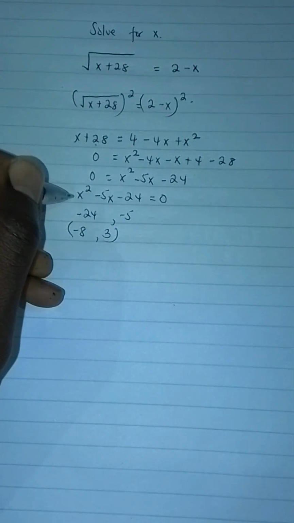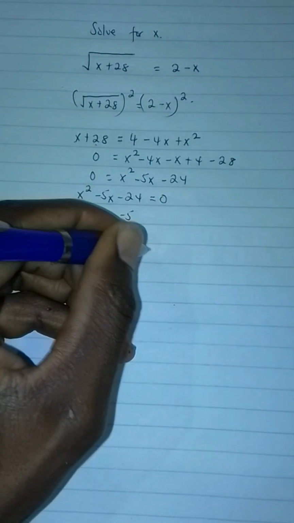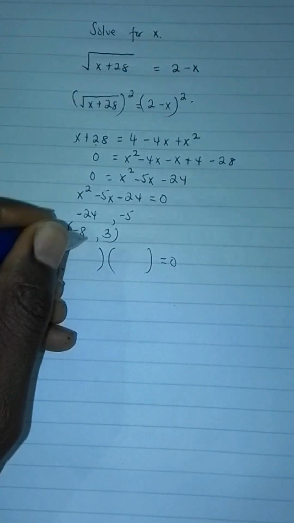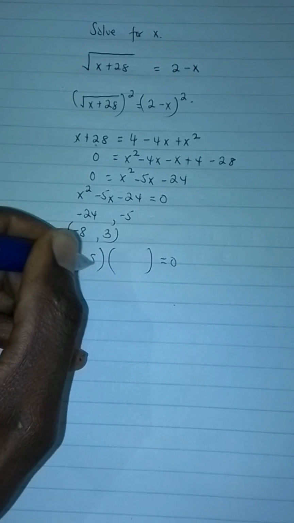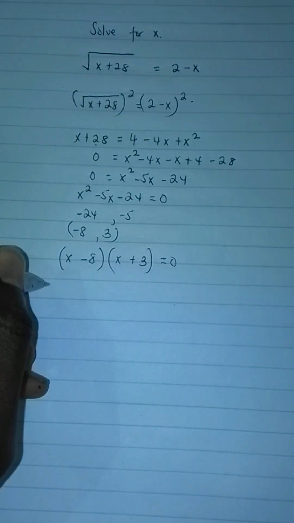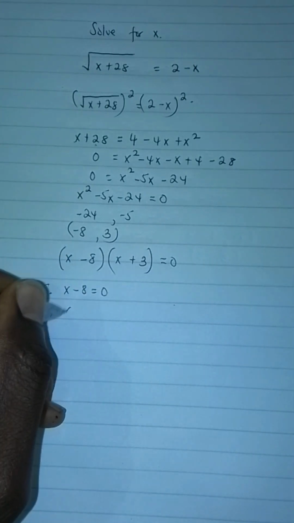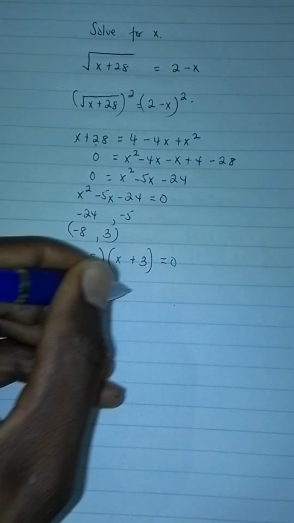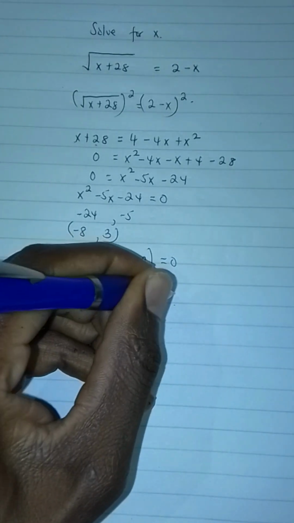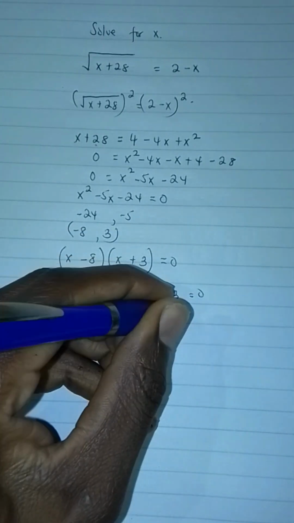Since the coefficient of x squared here is 1, we just create two brackets equal to 0, then put these factors respecting their signs: x minus 8 and x plus 3 equals 0. Therefore either x minus 8 is equal to 0, meaning x is equal to 8, or x plus 3 is equal to 0, meaning x is equal to minus 3.